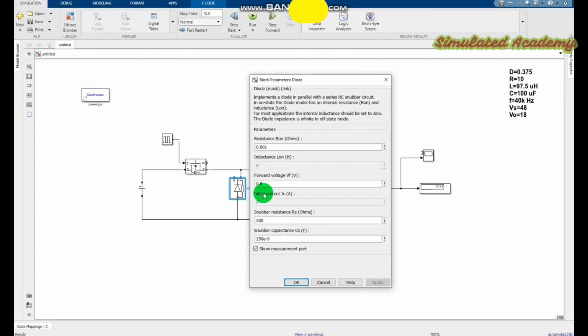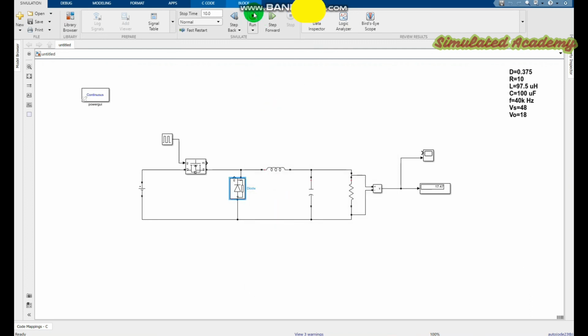Double click on this; for example, the forward voltage is 0 in the ideal case. Again run this. Look, it is 18, very close.